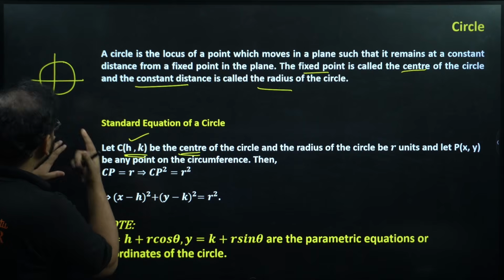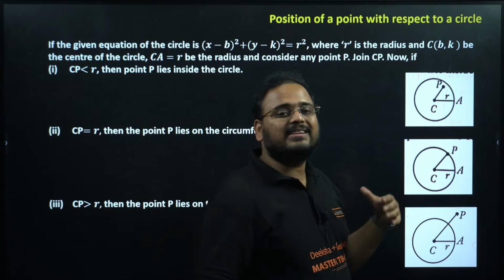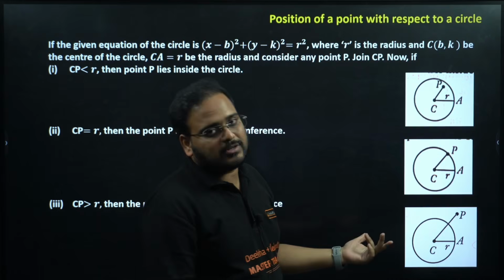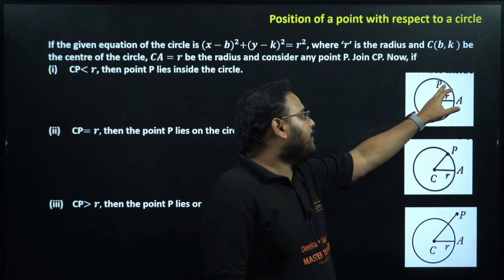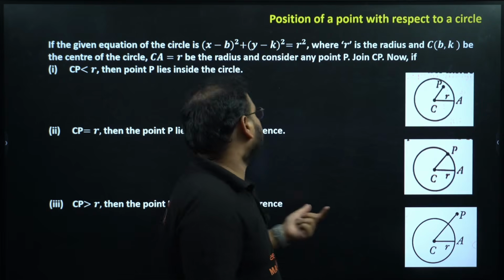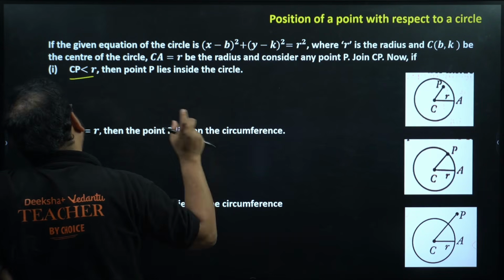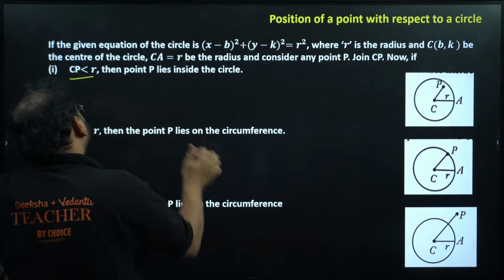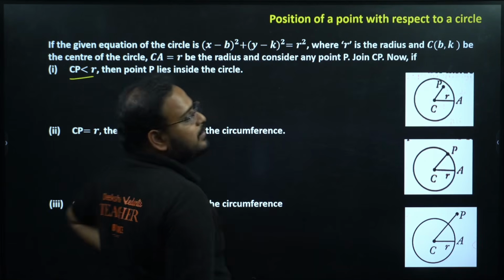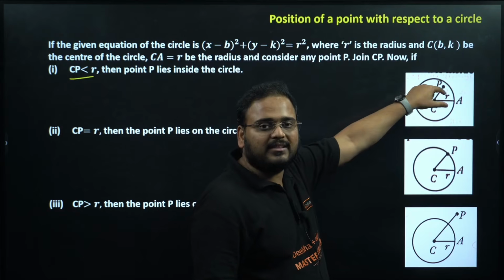Okay, moving on. Now, when we talk about points inside, on, and outside the circle, whenever the distance CP is less than the radius R, where C is the center and P is the point we're talking about, this point P lies inside the circle, because CP is some length less than the radius.